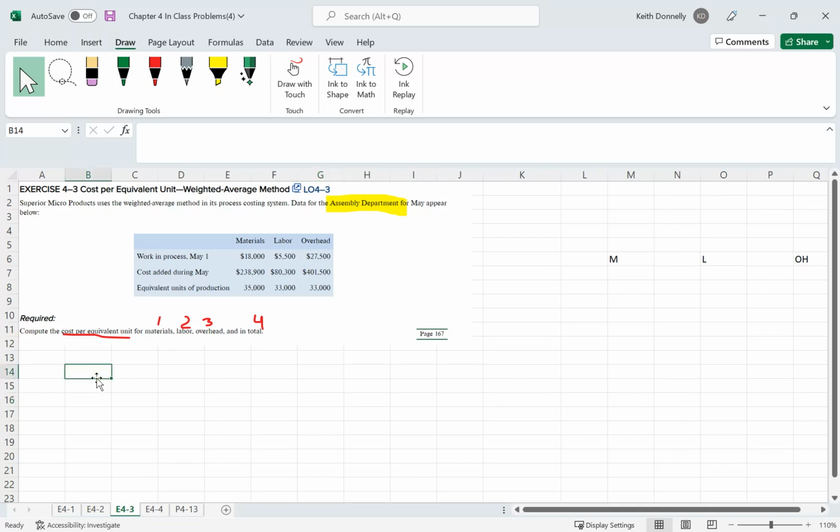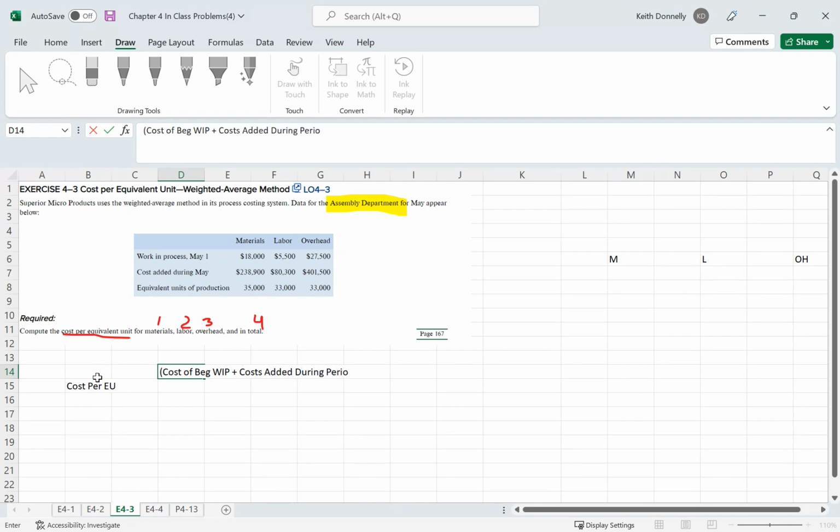Now, we learned in the PowerPoint that the cost per equivalent unit is basically your total cost, which is the cost of your beginning WIP plus your costs added during the period. And below that is going to be your equivalent units of production.